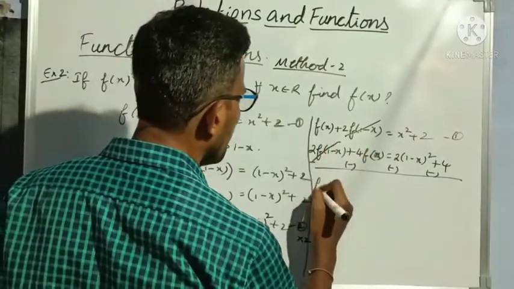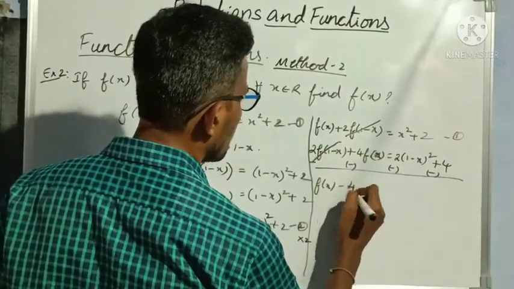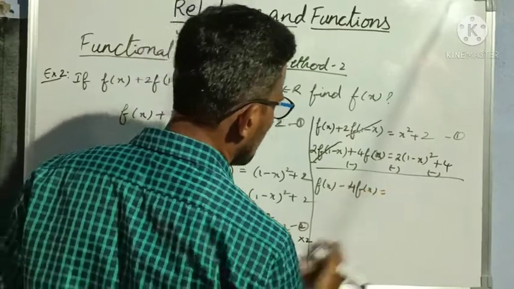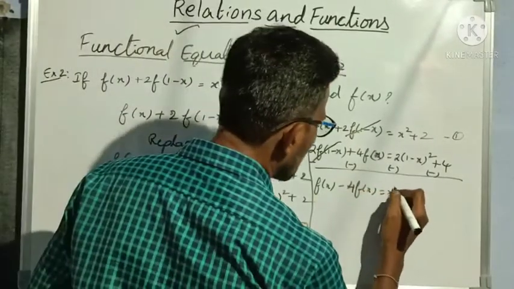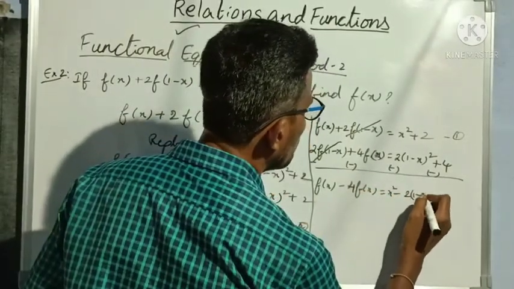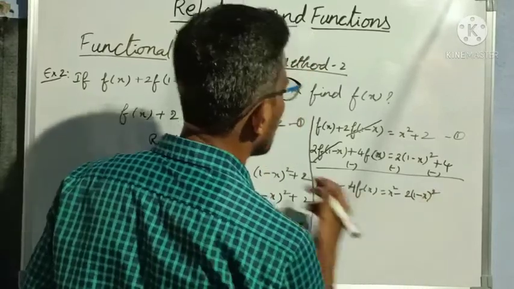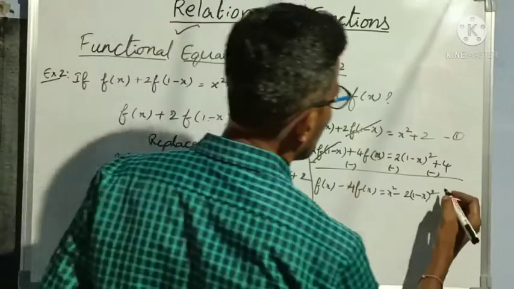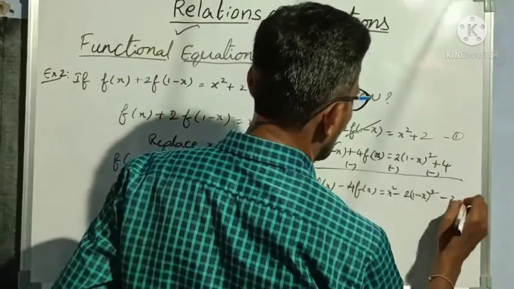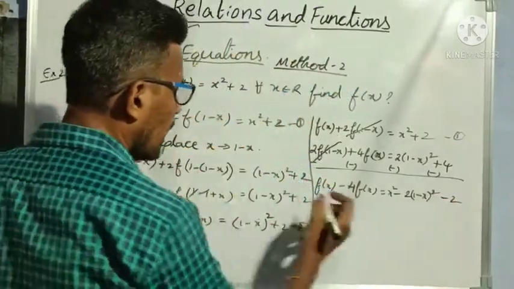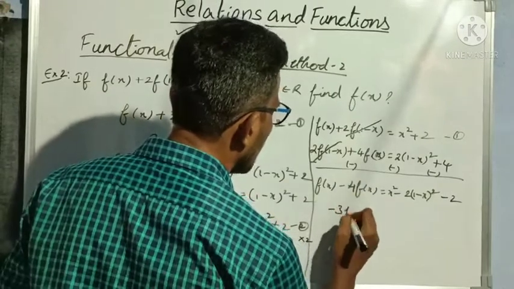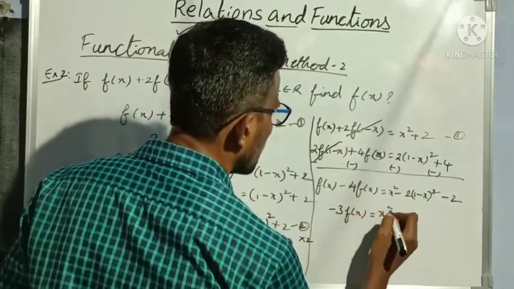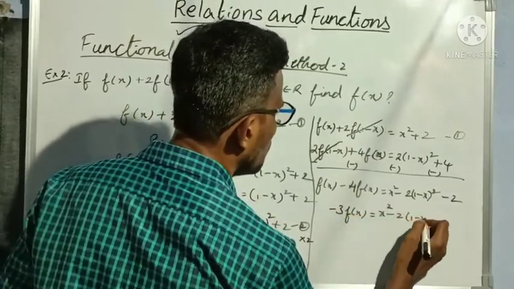So I am left with f of x minus 4 f of x is equal to x square minus 2 into 1 minus x whole square. Plus 2 minus 4 is minus 2. So minus 3 f of x is equal to x square minus 2 into 1 minus x whole square minus 2.